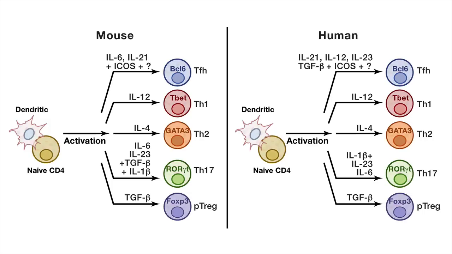However, I think this type of model is more accurate and more useful, because while it's appealing to have a simple shared nomenclature, that is inherently problematic for cells as heterogeneous as CD4 T cells.